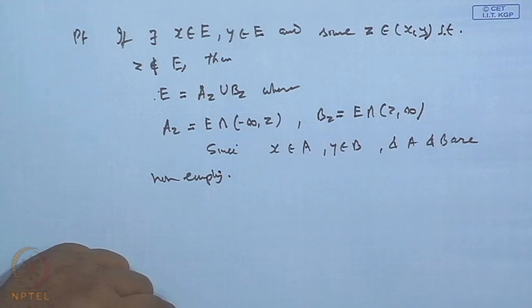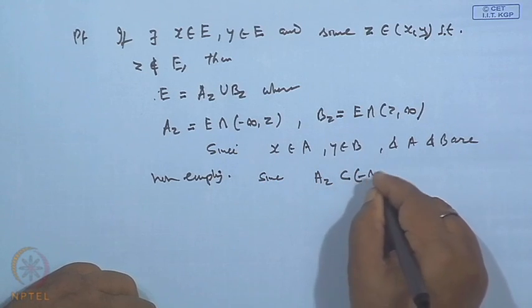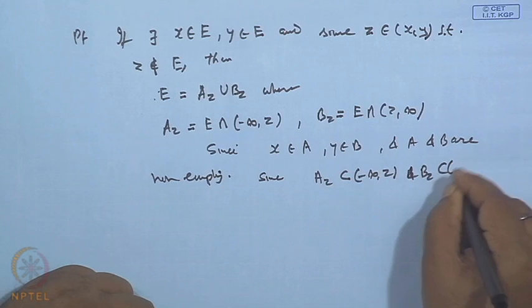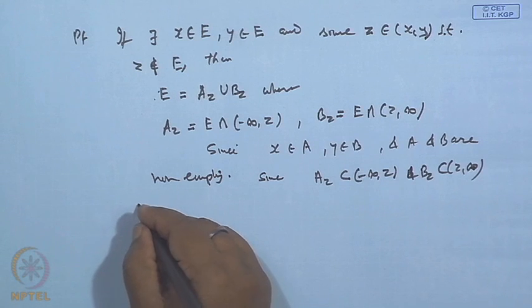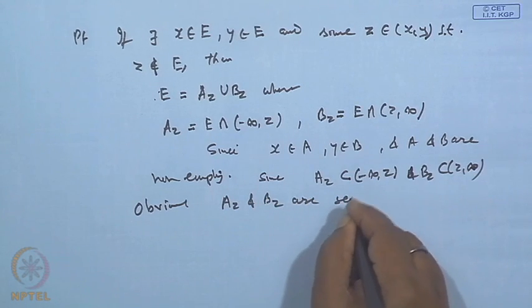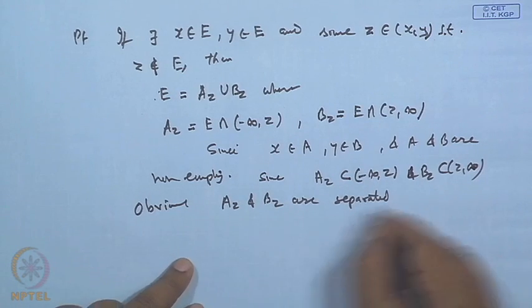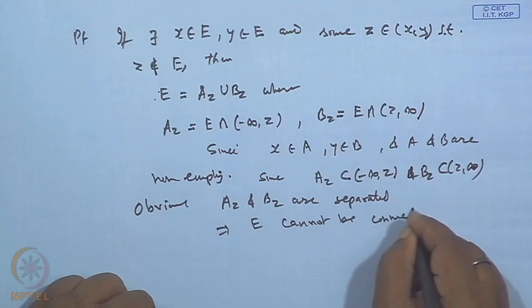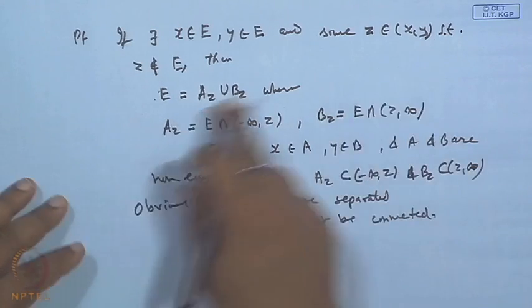Since A z is a subset of minus infinity z, and B z is a subset of z infinity, therefore these are two separated sets. So, once they are separated, then E cannot be connected, because E is the union of these two sets. So, it is a contradiction. Therefore, the assumption is not true.